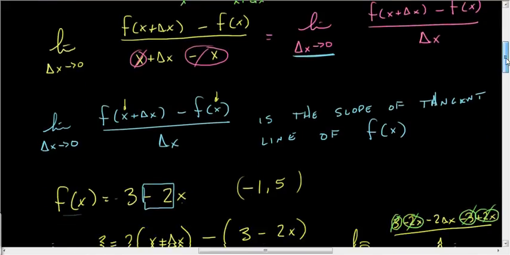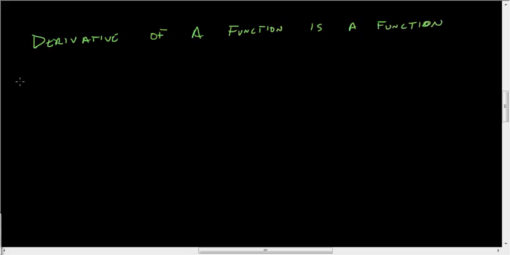The derivative of a function is a function that defines the behavior of the slope of the tangent line.